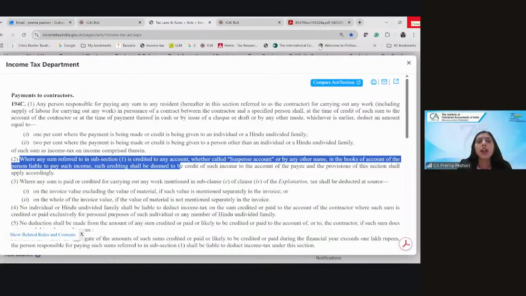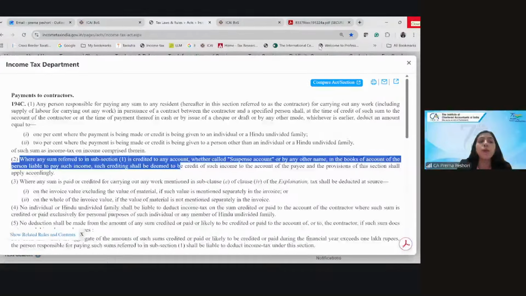Okay. Now, what does it say is, when any sum is paid or credited for carrying out any work referred to in explanation 4E. What is explanation 4E? Let us try and understand. Explanation 4 here defines the work.